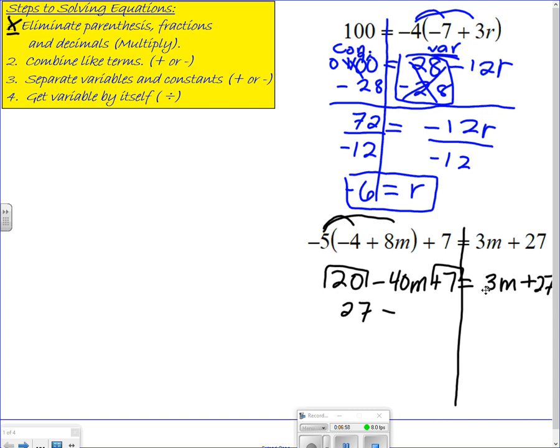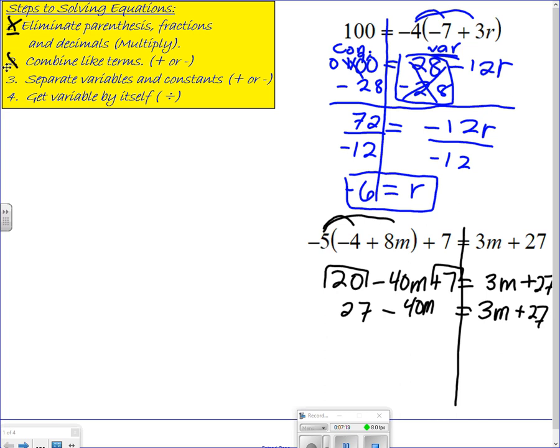So the answer will stay the same. Sorry, I erased this accidentally. That would be 3m plus 27. Okay, so we're done with number 2.